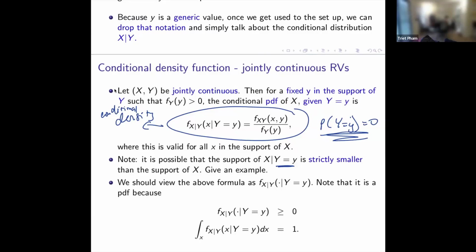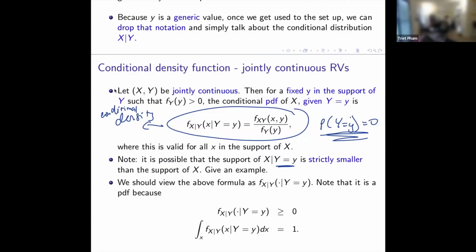So knowing a specific value of a continuous random variable is a fact of life. The only thing is that exactly because it's continuous, the object you're working with is a conditional density and not a conditional probability or conditional mass function. So that's all there is.